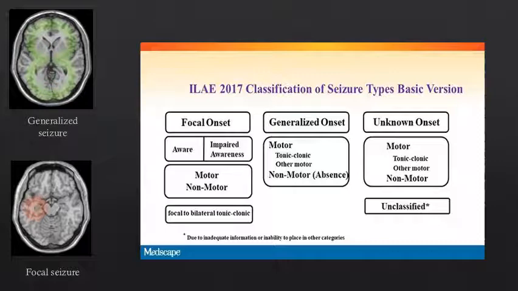Let's review the International League Against Epilepsy's 2017 classification of seizure types. It's divided into focal onset, generalized onset, and unknown onset. Focal onset, as you can see on the lower left image, involves only a specific part of the brain.